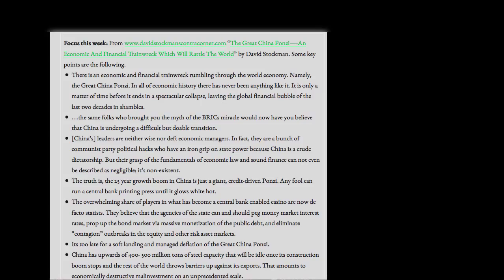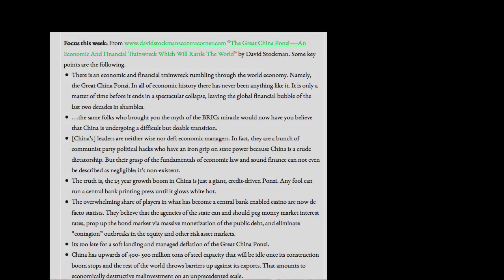But their grasp of the fundamentals of economic law and sound finance cannot even be described as negligible. It's non-existent. The truth is, the 25-year growth boom in China is just a giant, credit-driven Ponzi.